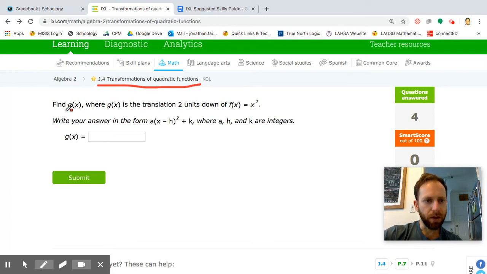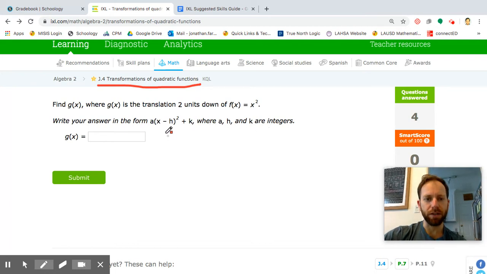So find g of x where g of x is the translation 2 units down of f of x equals x squared. Write your answer in the form a times the quantity of x minus h squared plus k, where a, h, and k are integers. Now this is called vertex form of a parabola, and what each of these does is it tells you something. So the first parameter, a, tells you the direction that it opens.